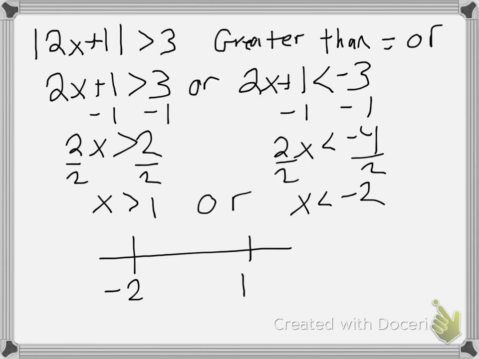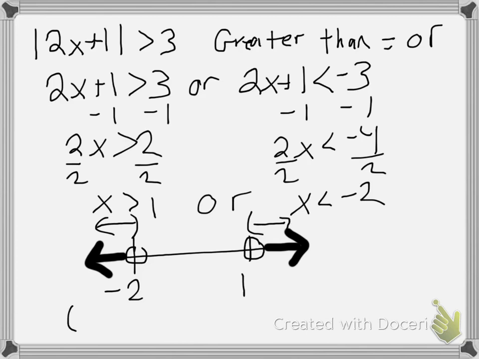Got positive 1. Both get open circles. Now, less than negative 2, that goes to the left. Greater than 1 goes to the right. So what do I have? I have my parenthesis that way, parenthesis that way. So I have negative infinity to negative 2. I have 1 to infinity. And what do I put in between? Our friendly neighborhood U.